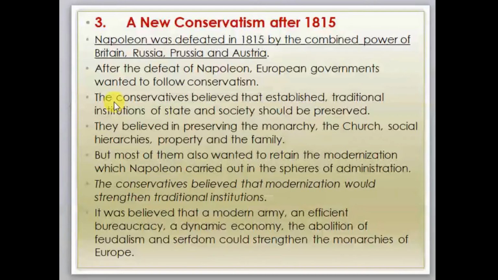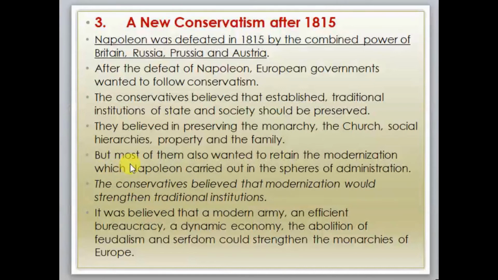The conservatives believed that established traditional institutions of state and society should be preserved. They believed in preserving the monarchy, the church, social hierarchies, property, and the family. However, most conservatives did not propose a return to the society of pre revolutionary days.